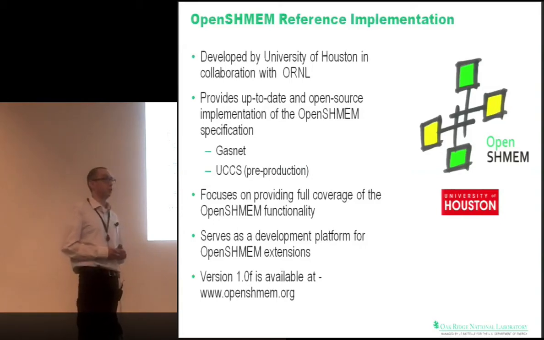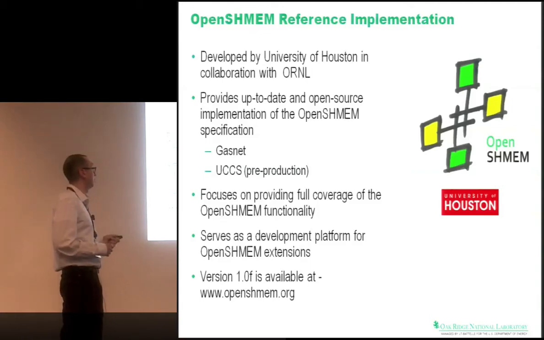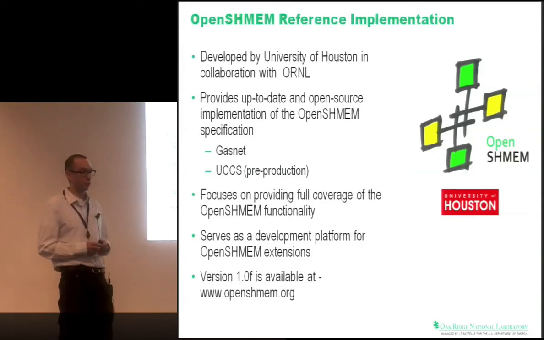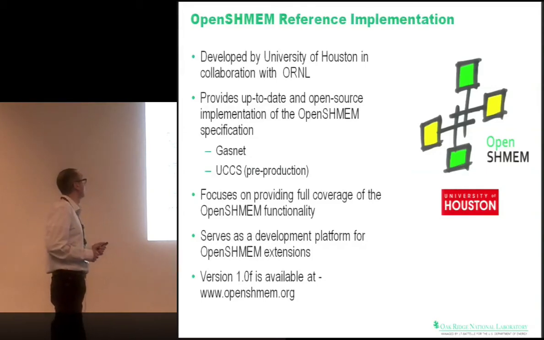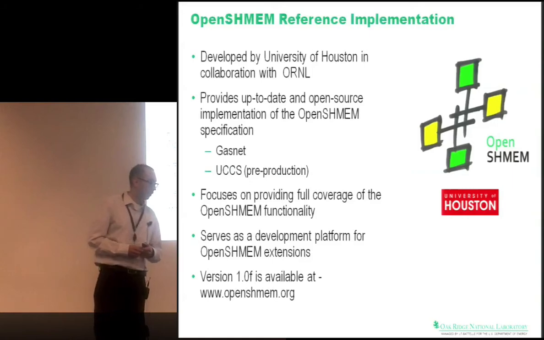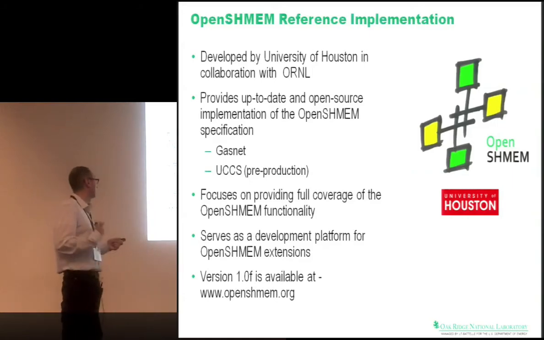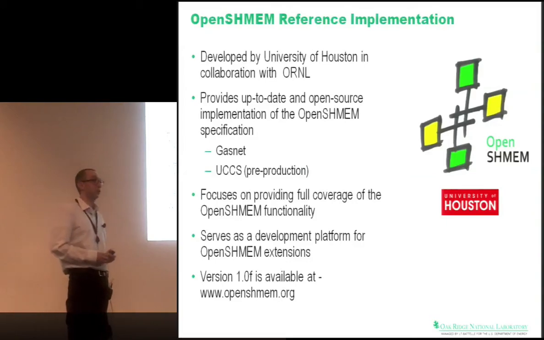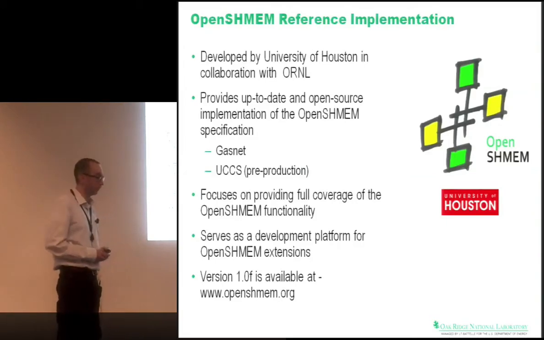Essentially, you want to make sure that you have all the functionality in the implementation. At this point, it's not necessarily focused on high performance, but with UCCS, we are aiming to address this goal. And it serves for us as a platform for development of different extensions and for experimenting with the model.